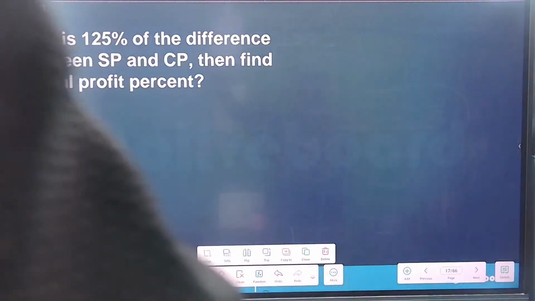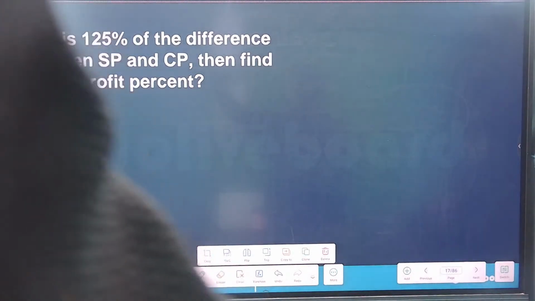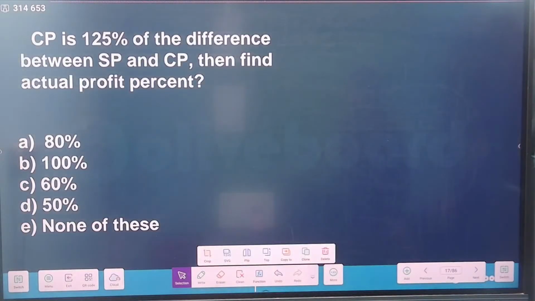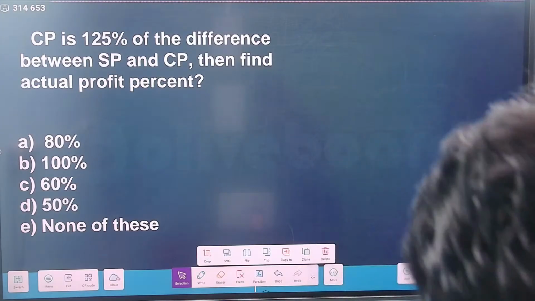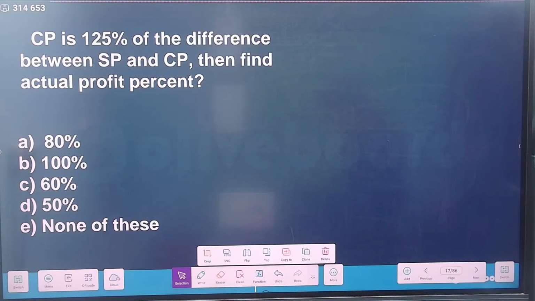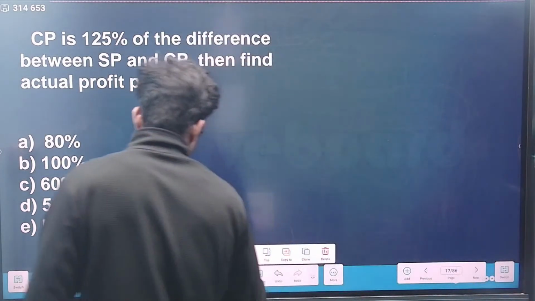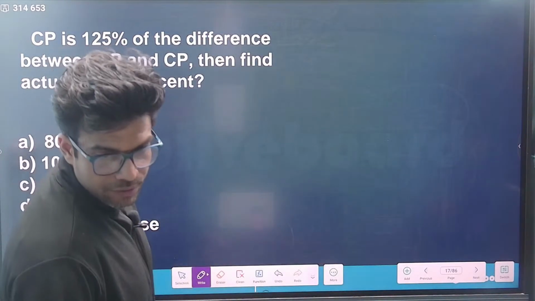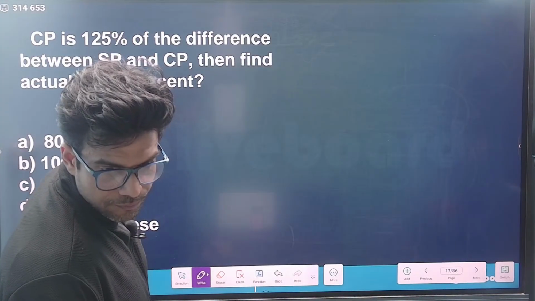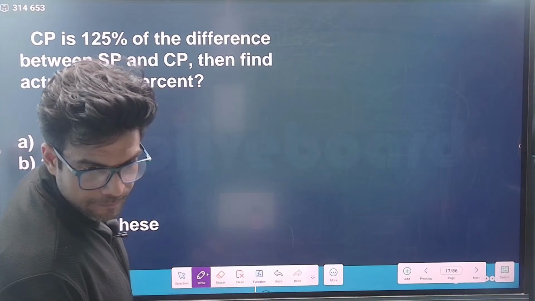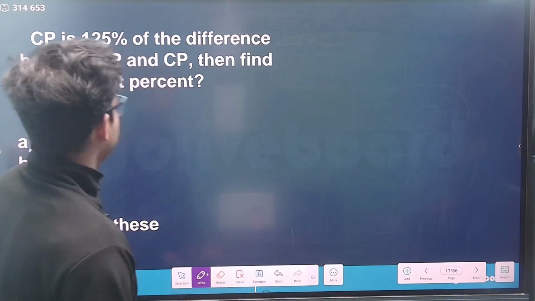Come on, solve. Okay, let me make you solve this. Should I solve? Okay, no, okay, that's fine.